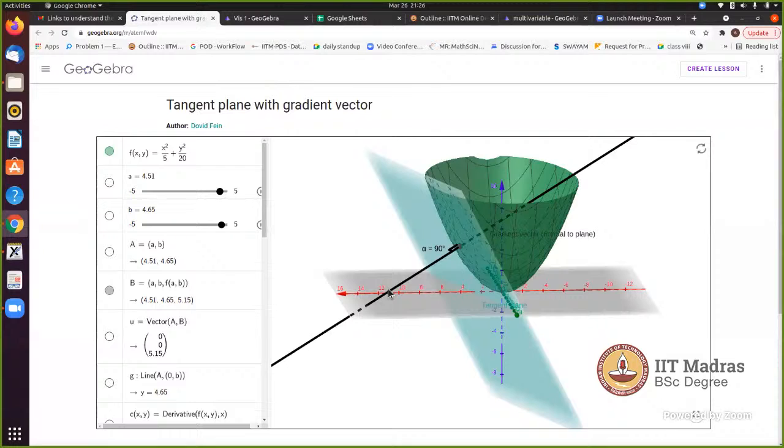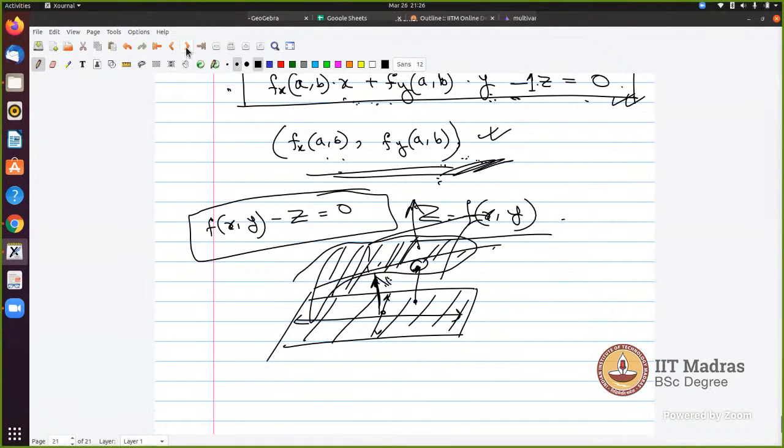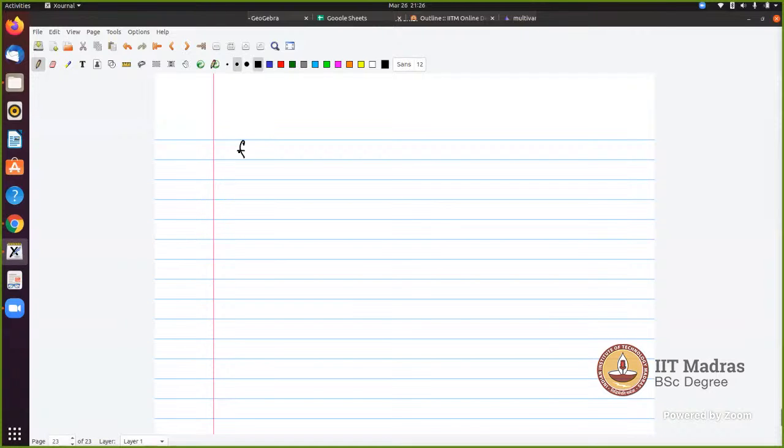Now the plane has some inclination along the xy plane, right? This is the equation of the tangent plane, so let me write it freshly somewhere. fx(a,b)(x minus a) plus fy(a,b)(y minus b) equal to z minus f(a,b), right?